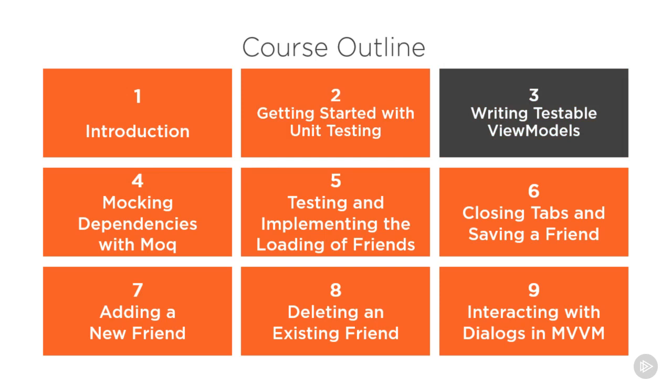In Module 3, you learn how to write testable view models by abstracting away the dependencies from the view model. Such a dependency is, for example, the loading of data. Instead of writing this code in the view model, we will create an interface, for example, iDataProvider, that has a load method.